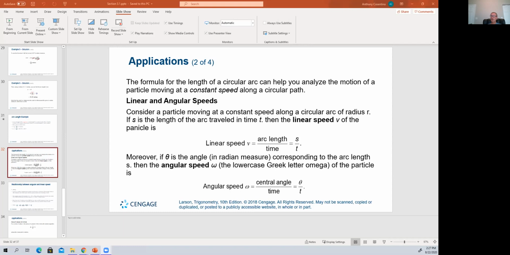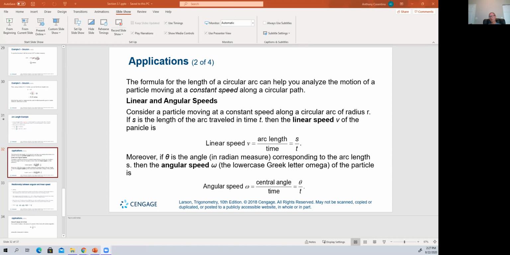And so linear speed is defined as the arc length divided by time, right? And so that's a distance. So for example, if the length was in miles and t was in hours, that's where we get our miles per hour. Here, on the other hand, we have this angular speed, which is defined by an angle measured in radians divided by time.